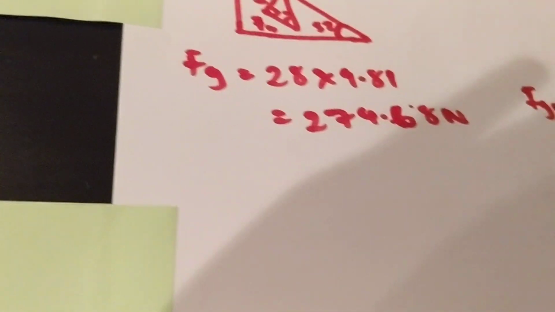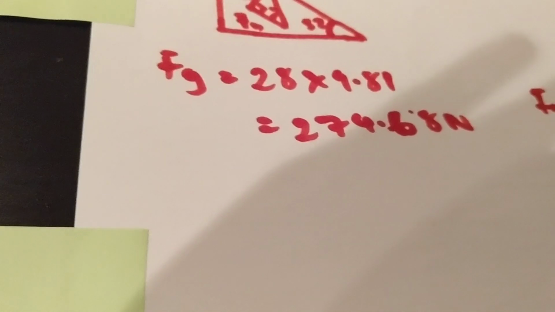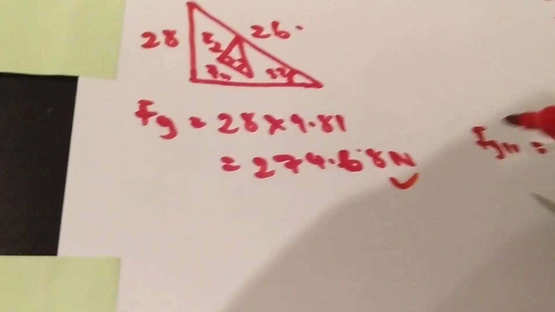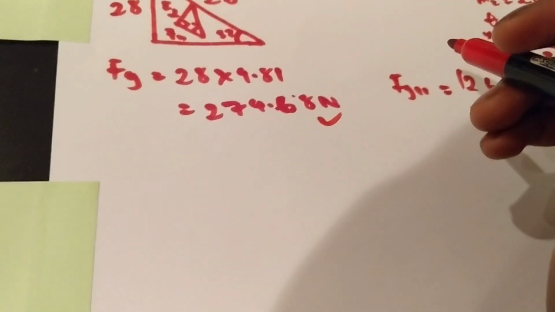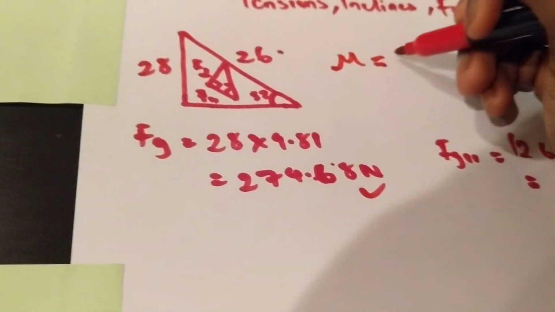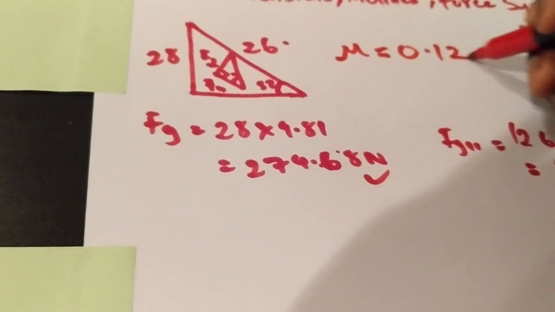And so moving on, this is going to give us 200.99 newtons, and we know that this is larger. Now our coefficient of friction, which is one more thing you have to account for in the question, is 0.12.